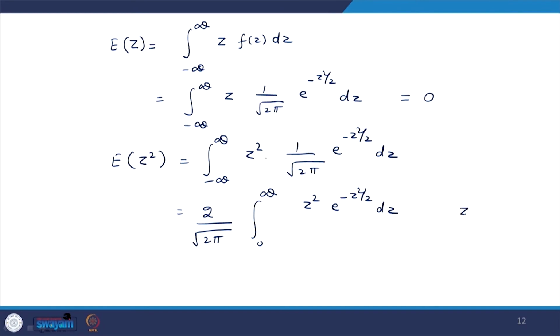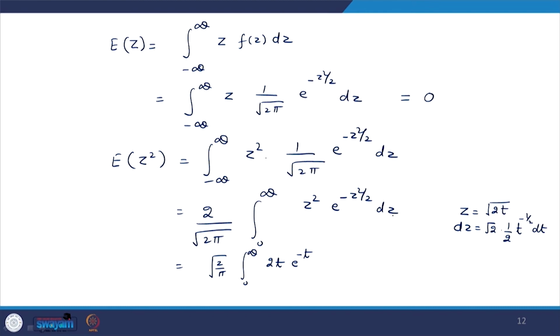Now you can take z as under root 2 times t, suppose. So, dz will be what? Under root 2 times 1 by 2, t raised to power minus half, into dt. So that will be under root 2 upon pi, integral 0 to infinity, z square is 2t, e raised to power minus t.